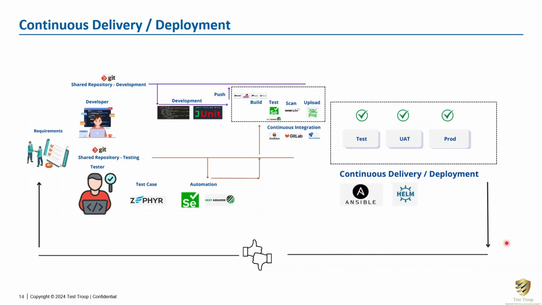Once your code is deployed into the production environment, the application is continuously monitored for any issues or bottlenecks. The feedback from the monitoring process is shared with the development team to improve the application further via the continuous feedback loop.